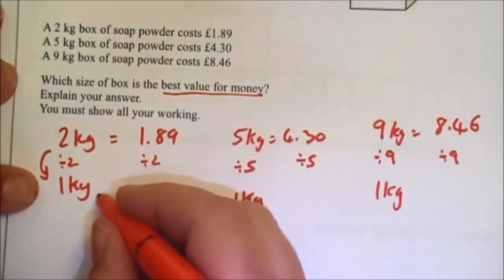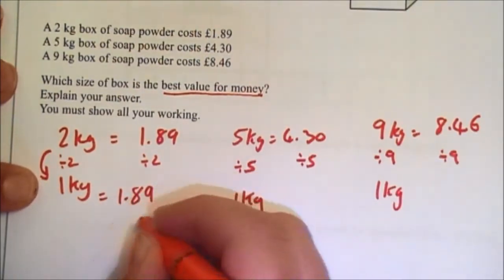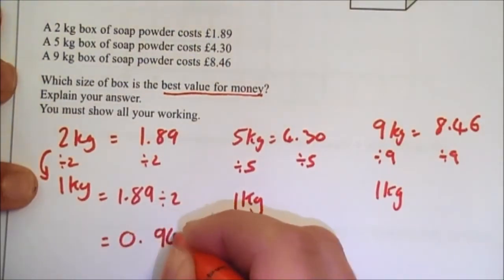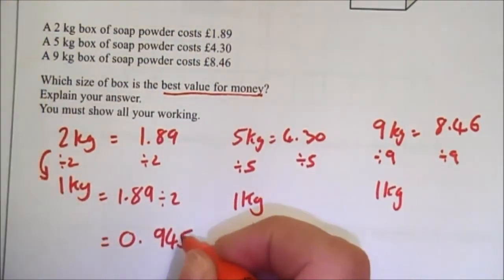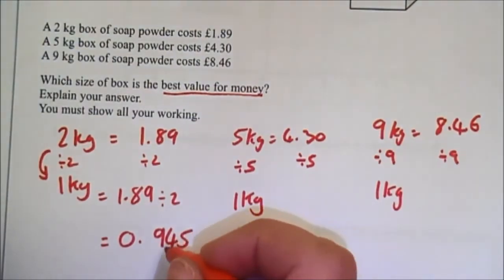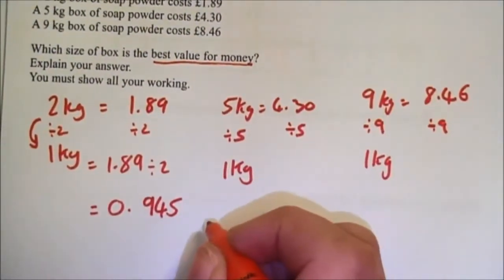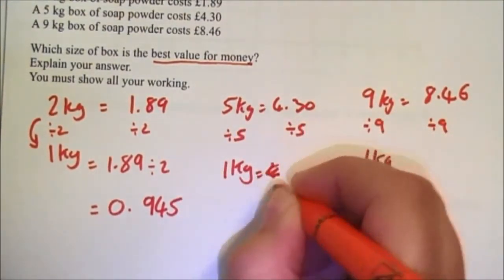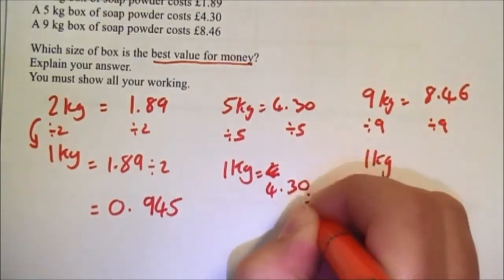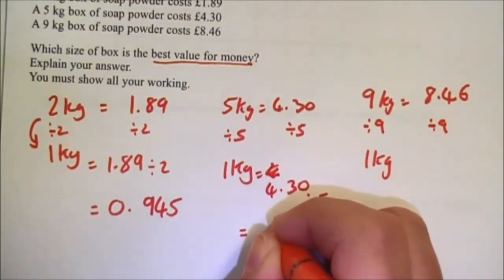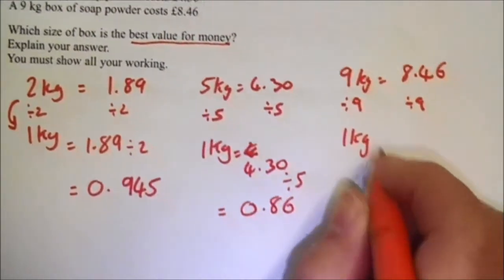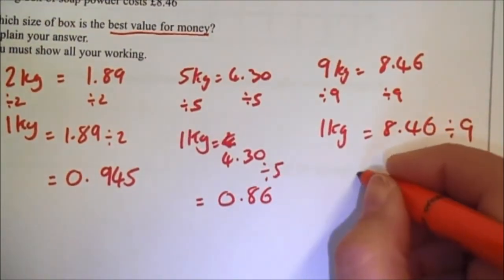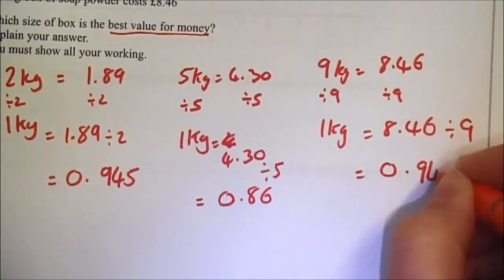So first thing I'm going to do here, 1 kilogram is 1.89 divided by 2, and that equals 0.945. I know we're dealing with money here, so you wouldn't have 3 decimal places, but definitely leave the decimal places in whilst you're still working this out. You'll see why in a minute. So then I do 4.30 divided by 5 equals 0.86, and then I do 8.46 divided by 9, and that equals 0.94.